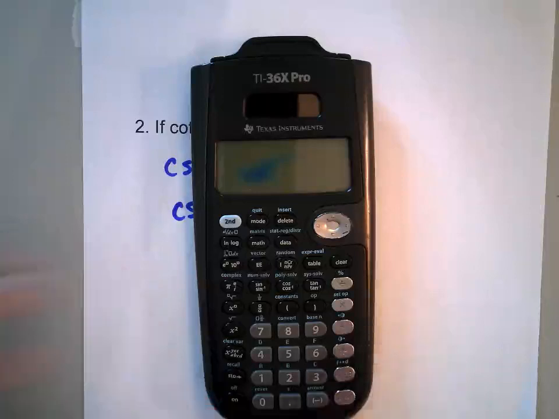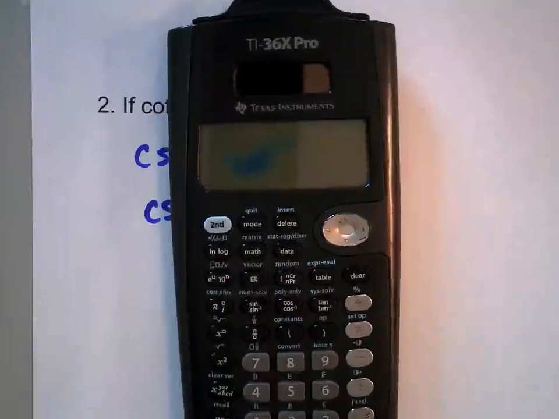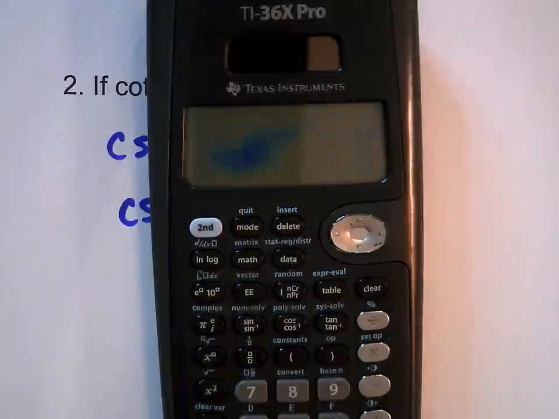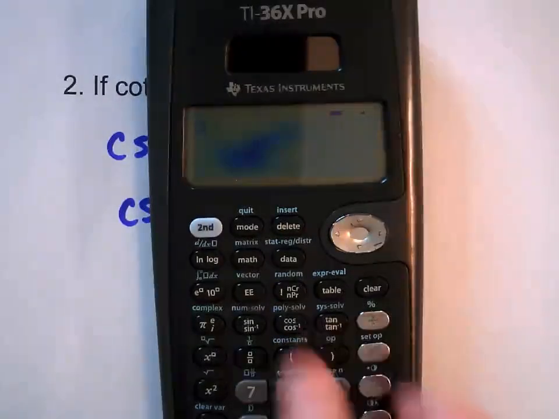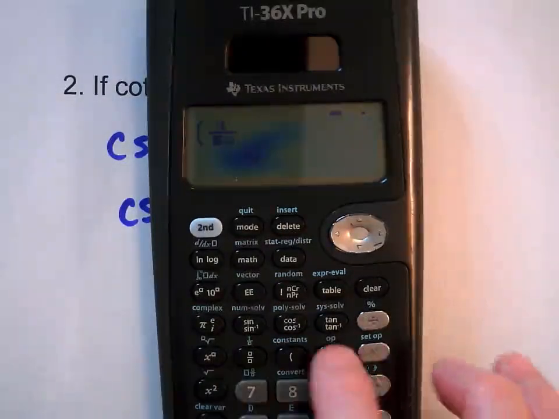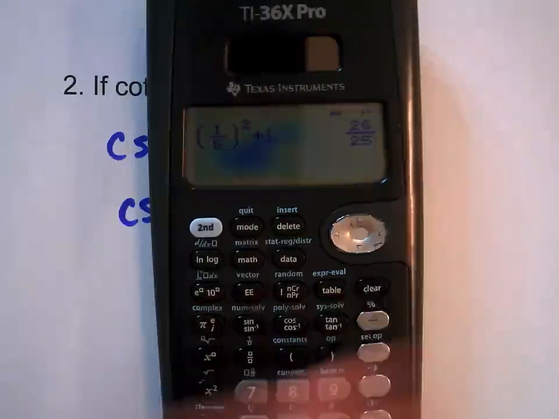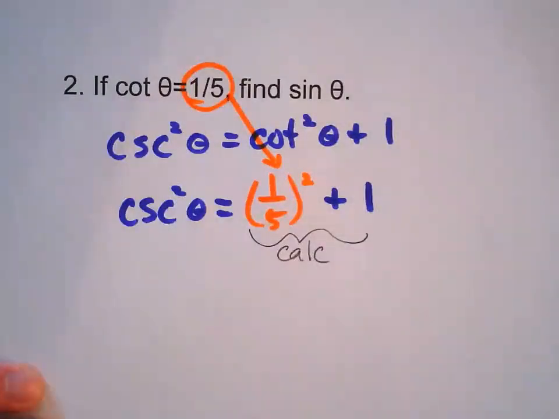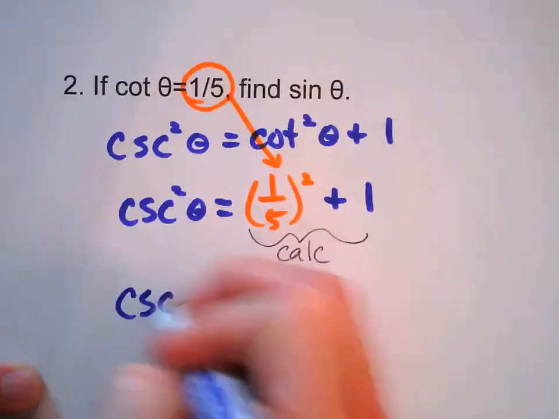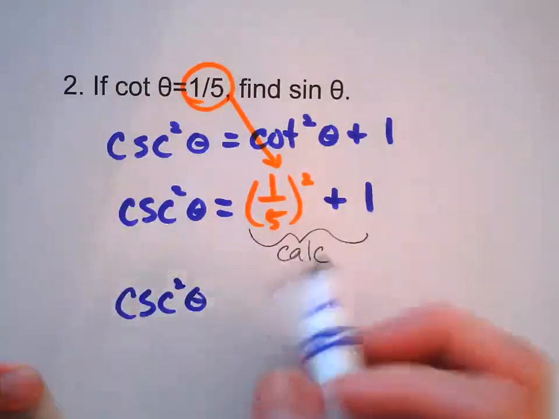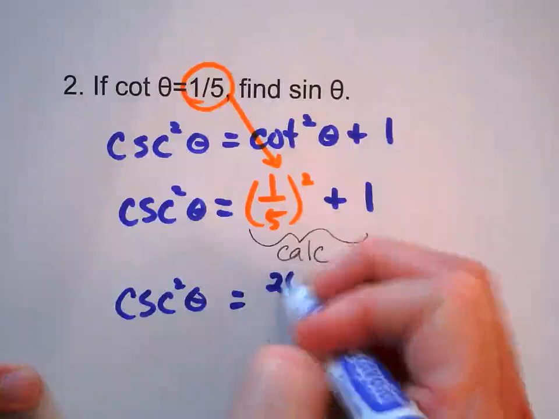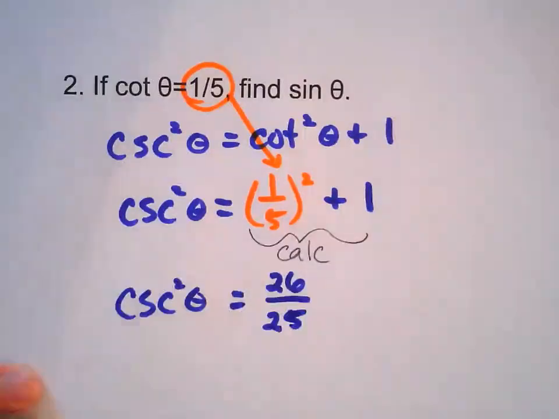If you can see that, we'll zoom in a little bit. So 25/25 plus 1/25 is 26/25. Cosecant theta squared, don't forget the squared, equals 26 over 25.